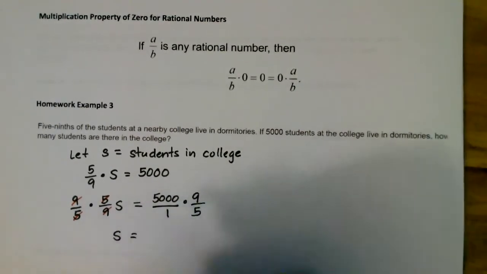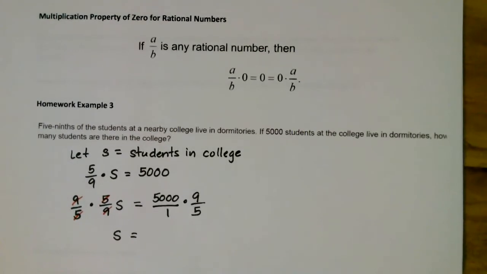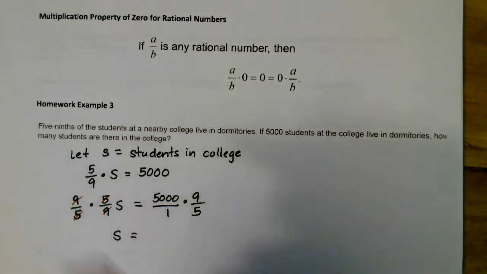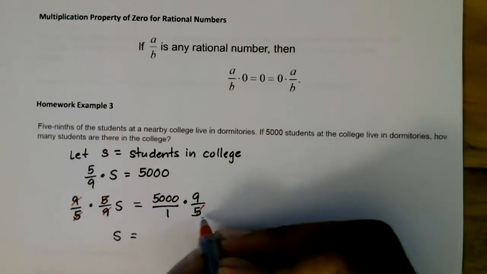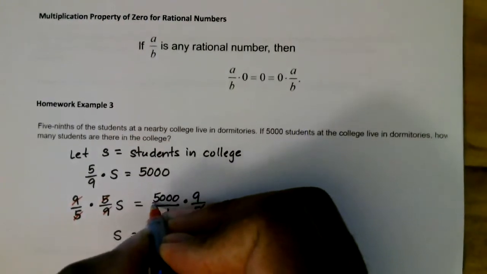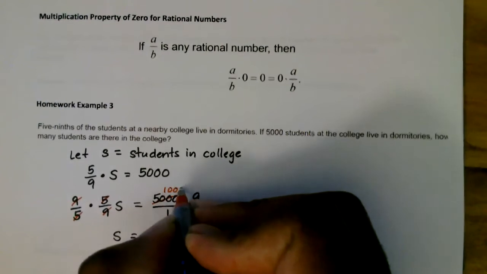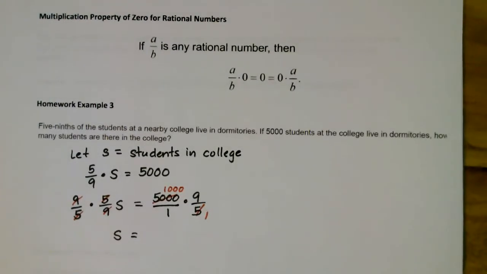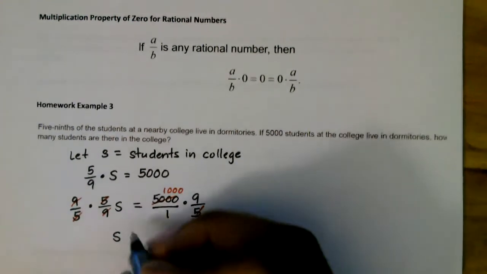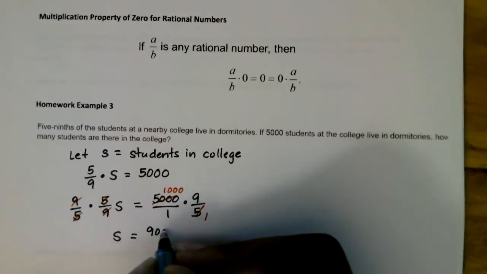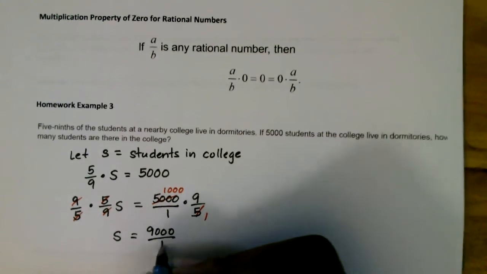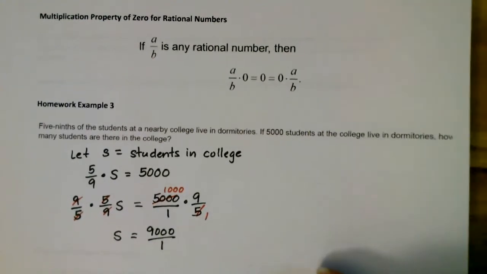So the S is equal to, now we're going to do 5,000 over 1 times 9/5. And you probably can see from here that 5 goes into itself 1 time, and 5 goes into 5,000 1,000 times. So if I multiply 1,000 times 9, that will be 9,000 over 1 times 1, which is 1.